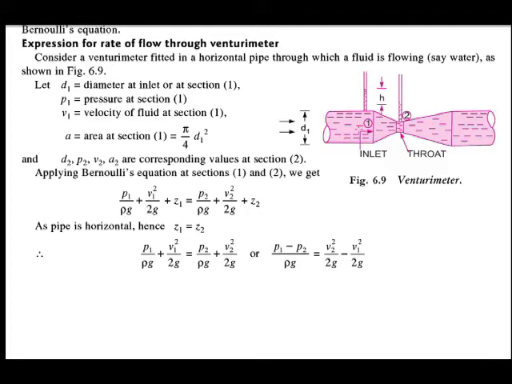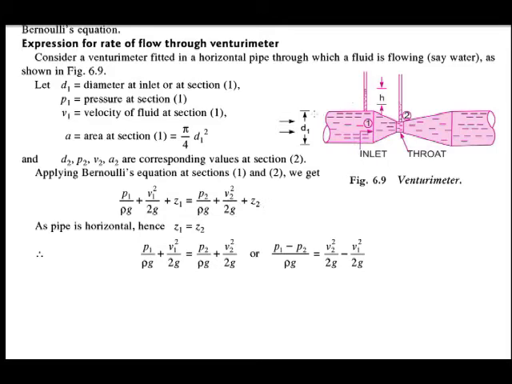Now we can apply Bernoulli's equation to section 1 and section 2. The equation will be P1 upon rho g plus V1 square upon 2g plus Z1 is equal to P2 upon rho g plus V2 square upon 2g plus Z2.